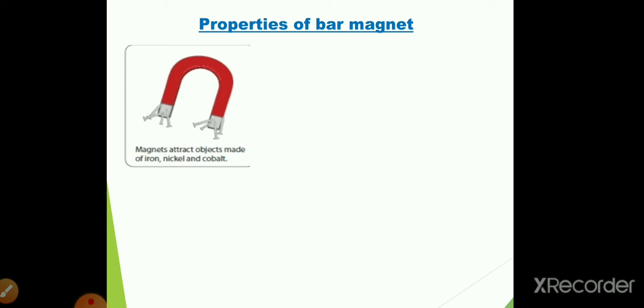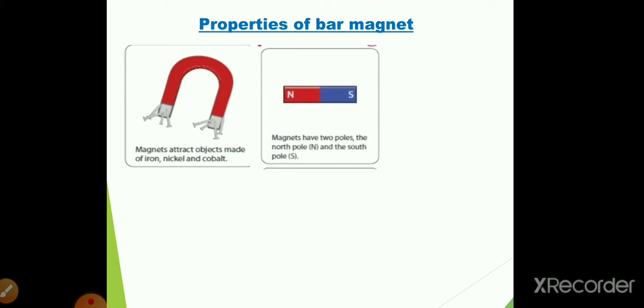The second property is that a magnet has two poles, the north pole and the south pole.